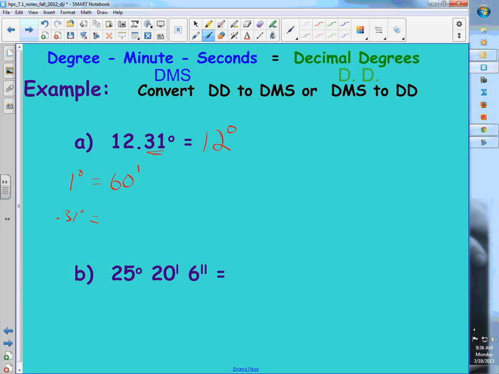What would you divide by? This is 5th, 6th grade. What do you do to the number 1 to turn it into 0.31? Times it by 0.31. So times 60 by 0.31. So you want to multiply by 60 when you're changing the degree decimal into minutes. What will that give you?